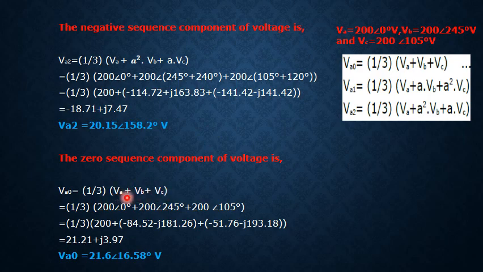We are not going to use any a operators in this equation for the zero sequence component. So directly substitute all the phasor voltage values given in our problem statement to get the zero sequence component voltage. This is the final solution for the given problem.